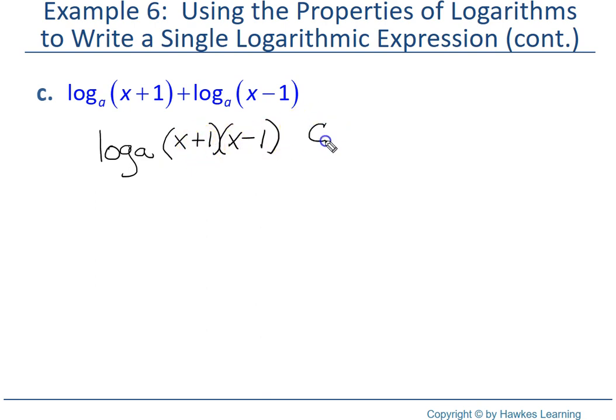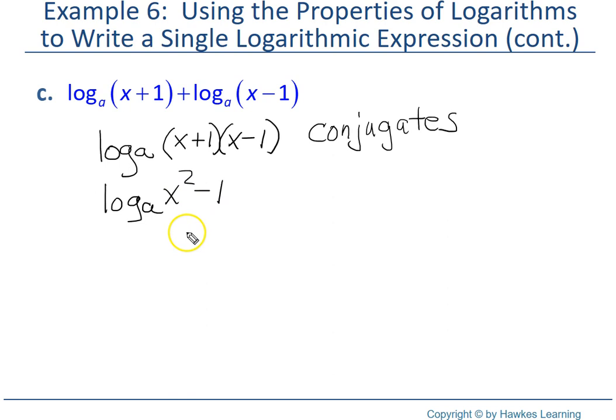These are conjugates. So we can actually simplify that. So this is log base A of x squared minus 1. And I believe you could put those in parentheses too.